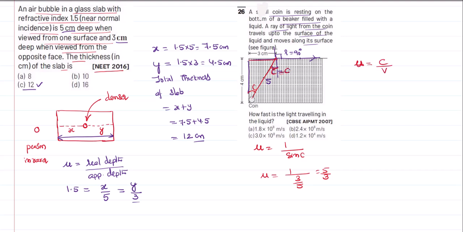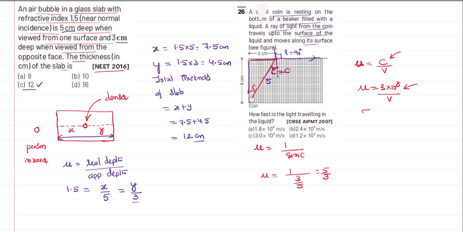The mu value for any medium is always greater than 1. So if you have any confusion whether to write C by V or V by C, simply understand that C in vacuum is always the highest, 3 into 10 power 8 meters per second. Velocity of light in any medium is less than that in vacuum. So as mu is greater than 1, it always comes as C by V, never V by C. Be careful about it.